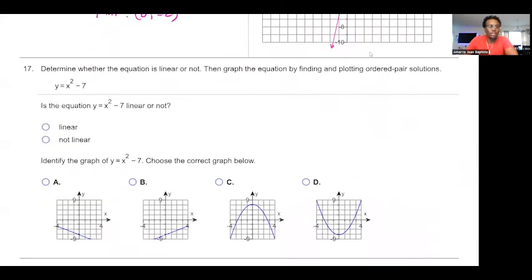How about this one? Because you have an exponent, any transformation that happens to one variable makes this equation not a linear equation.